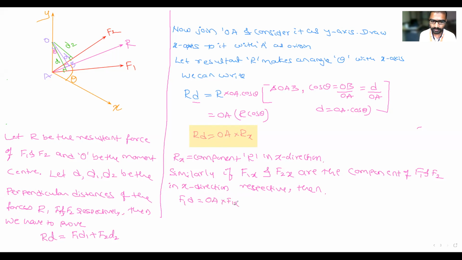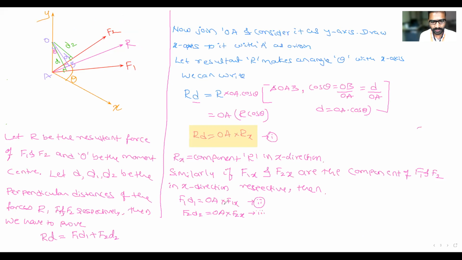And F2 into D2 can be written as OA into F2x. Is it possible? Okay. So this is equation number 1. This is equation number 2. And this is equation number 3.